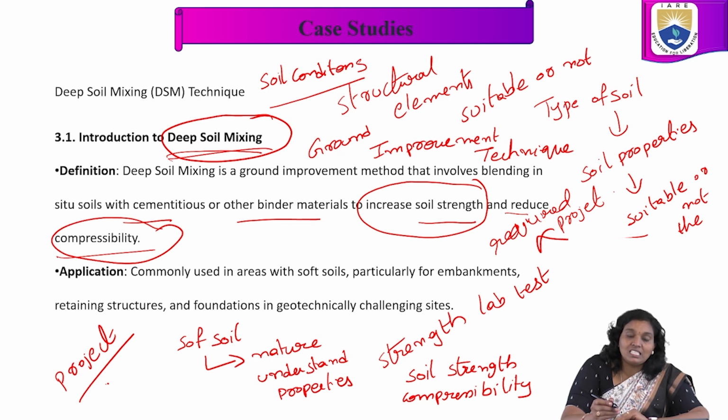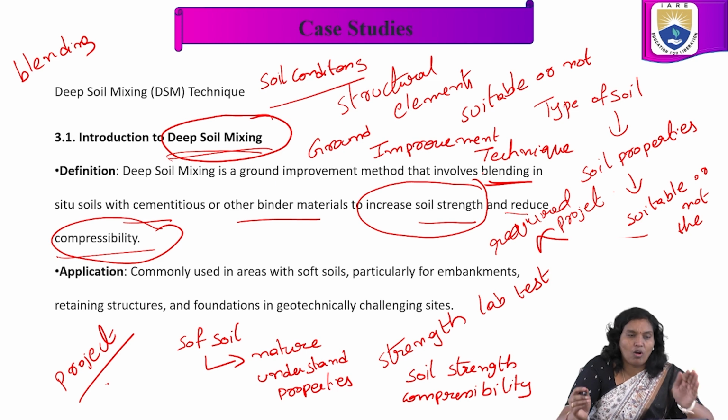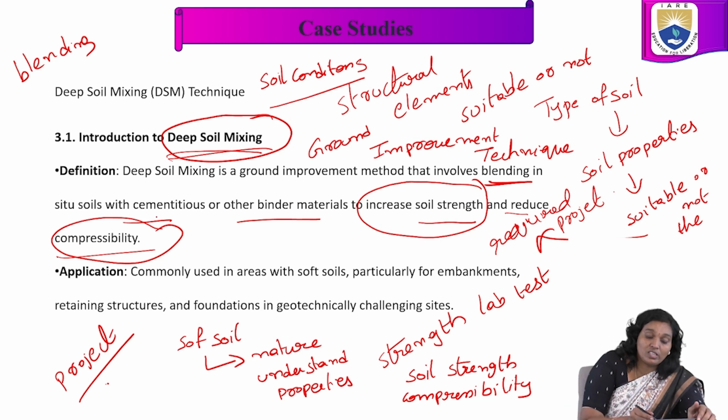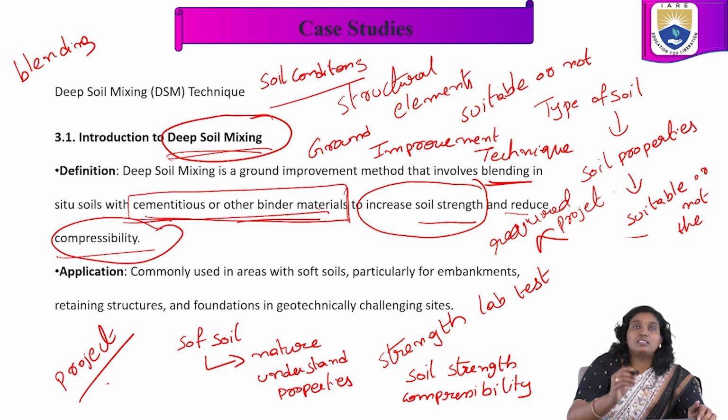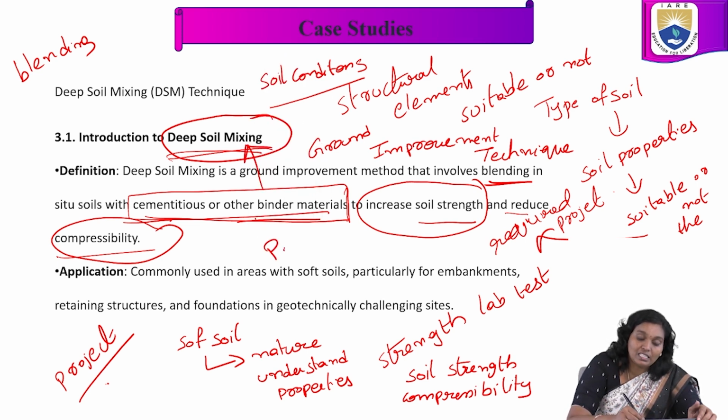Moving to the definition, we are blending the in situ soils on site. Whatever kind of soil is available, we blend with cementitious and other binder materials. This is nothing but deep soil mixing. Many different parameters are involved.